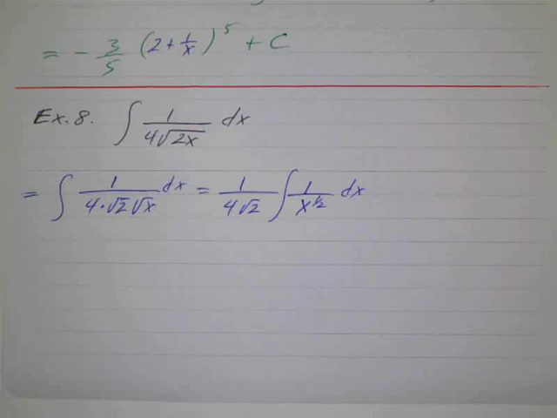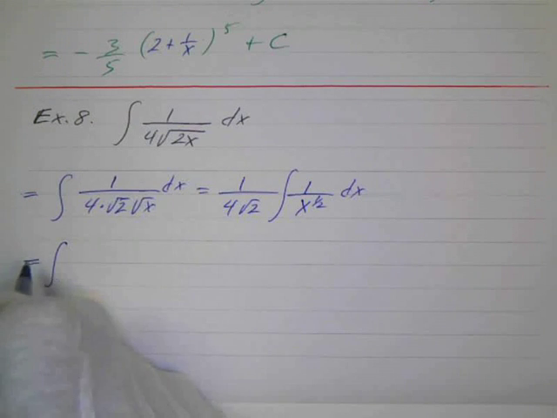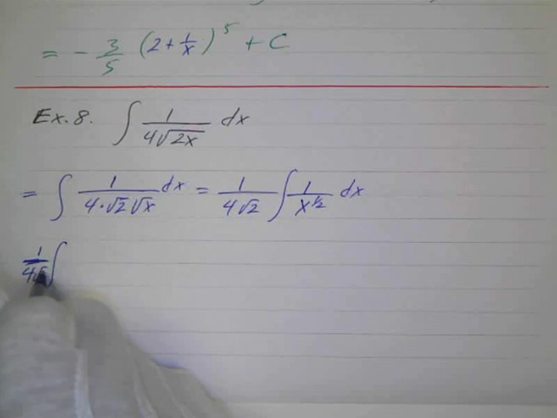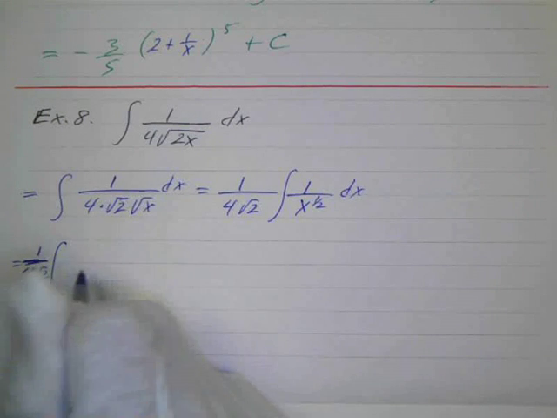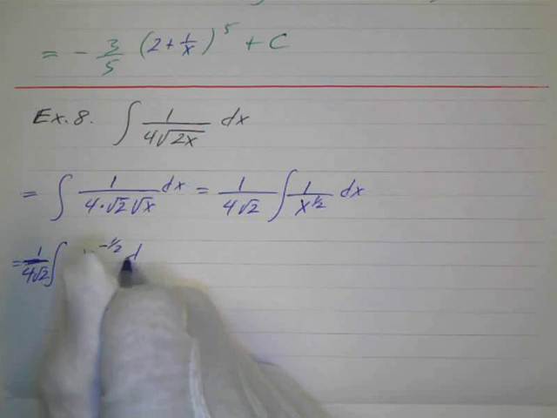So that makes it a little bit easier to see, because then we could rewrite this as, when I say integral, I really mean antiderivative. Oops, forgot to put this out in front here: 1 over 4 times the square root of 2. And this would be x to the negative 1/2 dx.